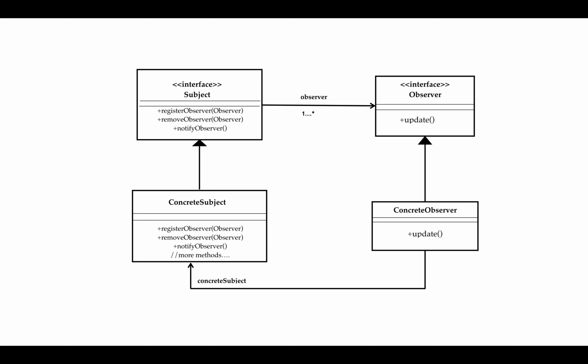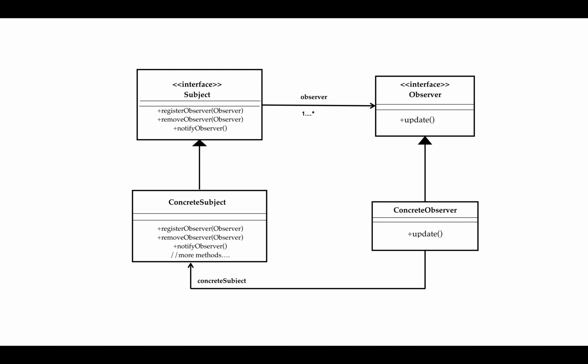So all observers need to implement the observer interface. This interface has a method update, which gets called when the subject's state changes. And in RxJava, the observable emits events or data whenever it is ready to emit the data, and the observer gets the data. So this is how RxJava is using this pattern.